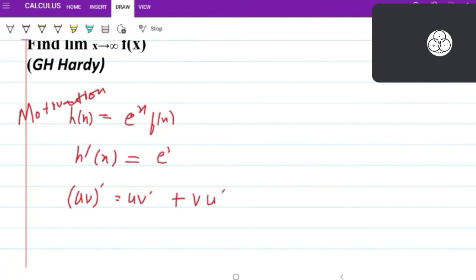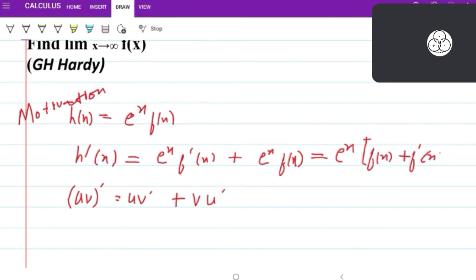We can write it as e to the power x f dash x plus, differentiating e to the power x, e to the power x f of x as it was. Now I can take e to the power x common. What we will get? e to the power x times f of x plus f dash x. So this is the important thing.